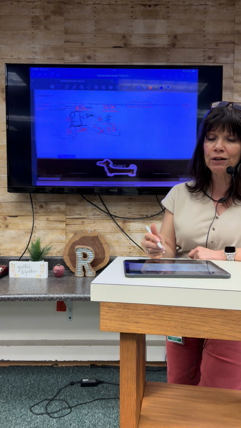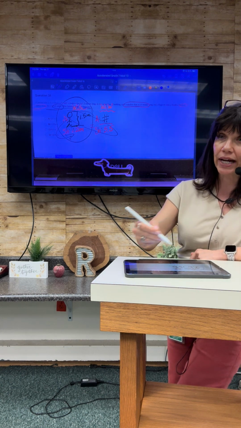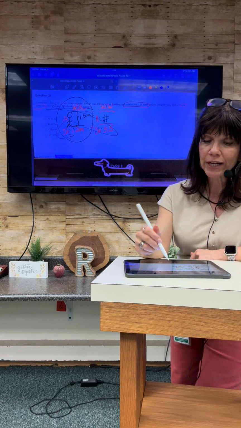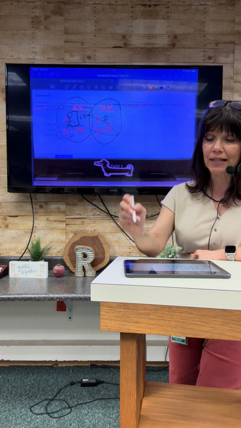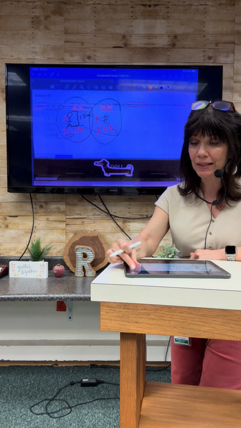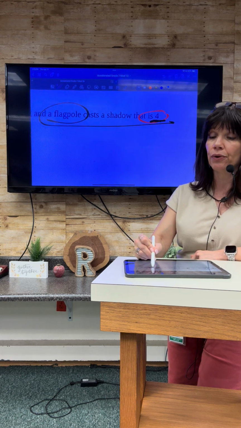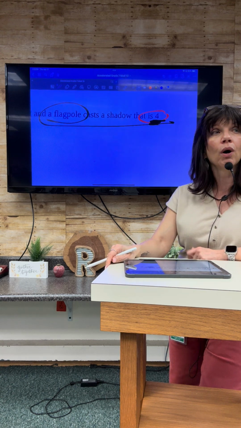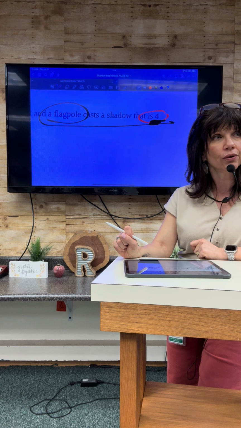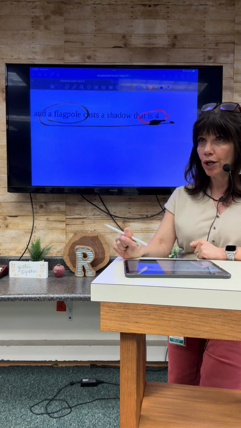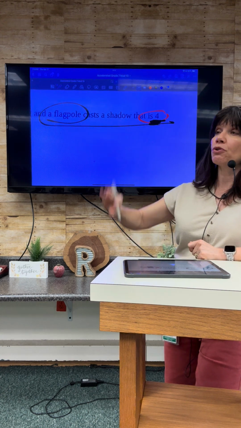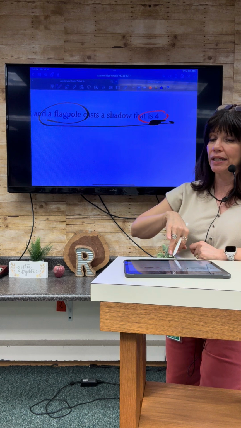And then you would rewrite your what I know section and rewrite your what I want to find section again, except this time what would you put for the flagpole shadow? 4. So once again, you would cross multiply, divide by lonely number.